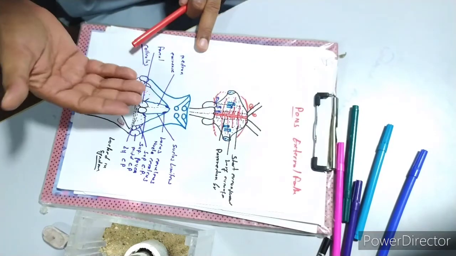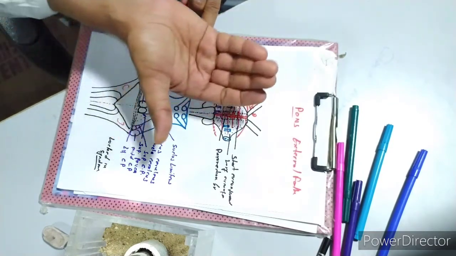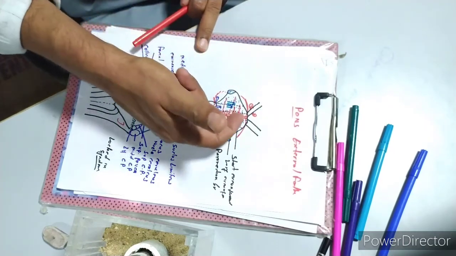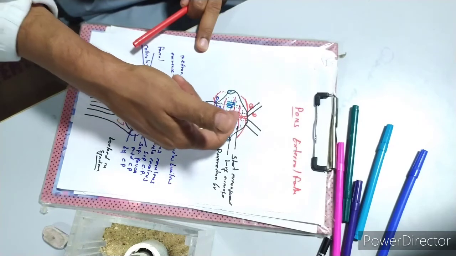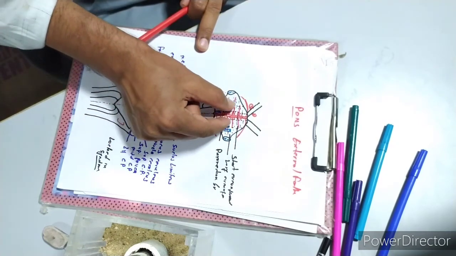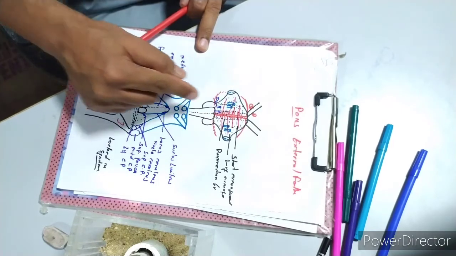Sensation is preserved because the ascending tract passes on the posterior side of the pons, while the descending tract passes through the basilar part of the pons. So the basilar part of the pons is mainly damaged.